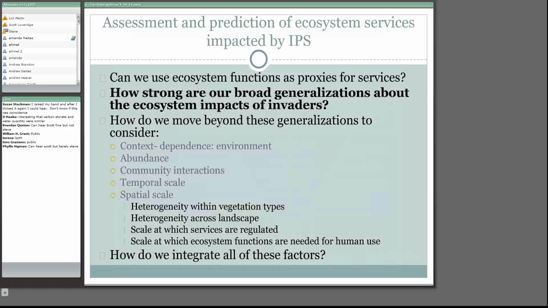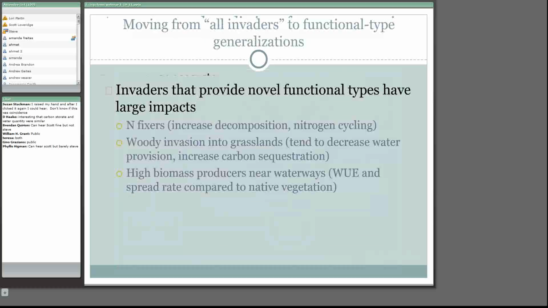If we look at some of the current broad generalizations about ecosystem impacts of invaders, it might be where we move from a quote all invaders category to more of a functional type generalization. When we talk about functional types, those can be referred to as, in some situations, nitrogen fixers, woody invasion into grasslands.